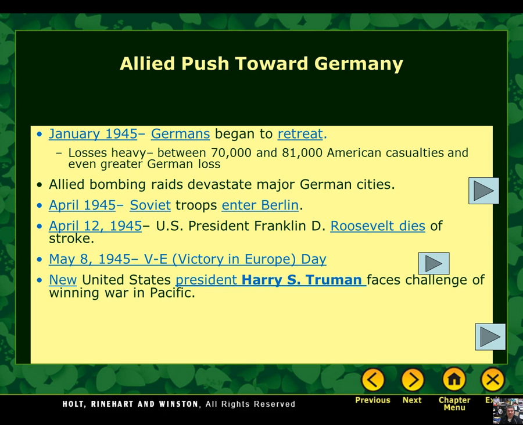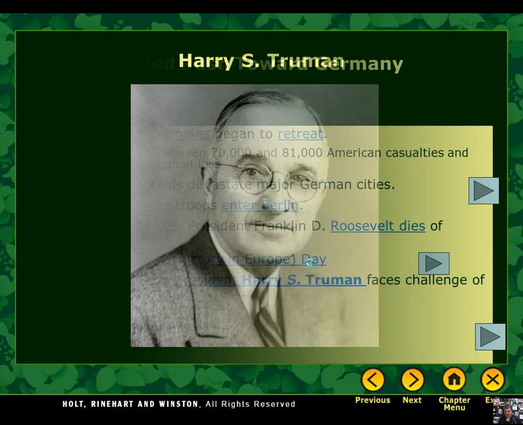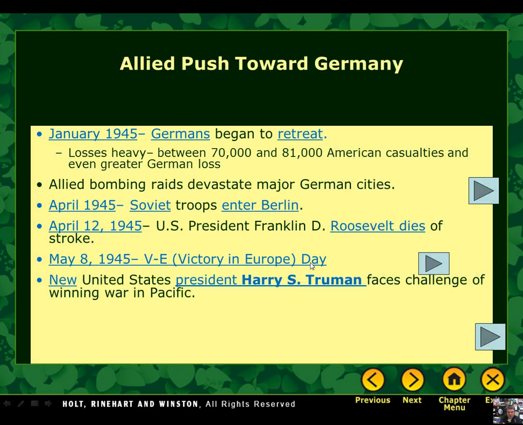The new president, Harry S. Truman, now had to set his sights on the Pacific War, and specifically Japan. The United States had been in some very difficult battles with Japan. And one of the things that the United States had discovered was that the Japanese were not going to surrender.